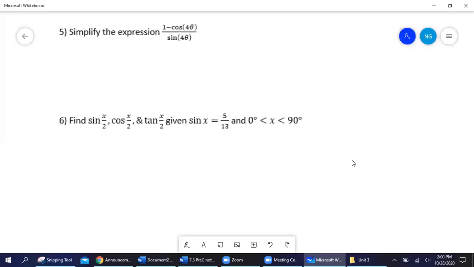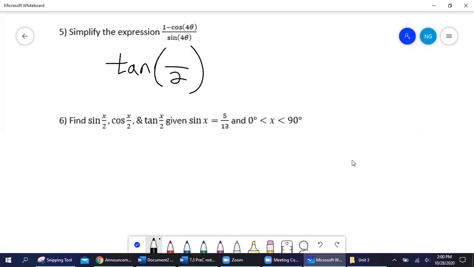For number 5, this is one of these, again, where we've got the expanded out version, and we're going to try to condense it using the identities. 1 minus cosine all over sine, that we just did on the previous problem, that's tangent's half angle identity. Now, be careful here.